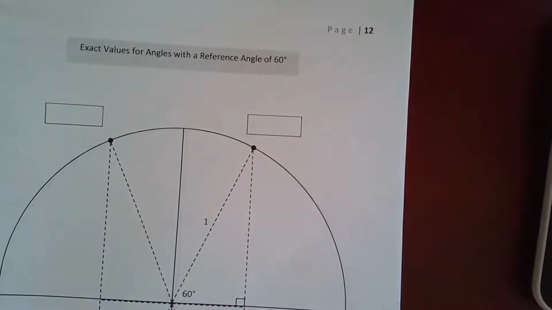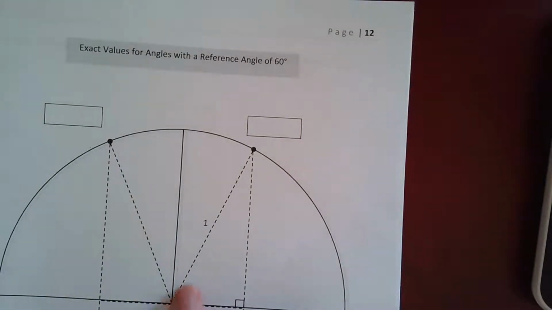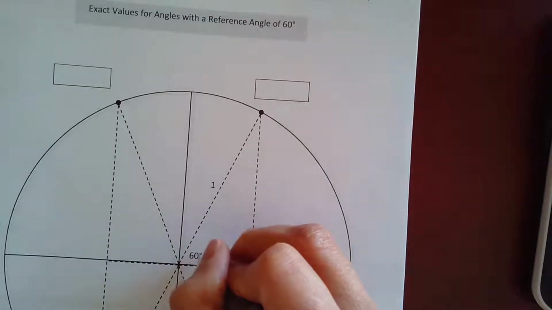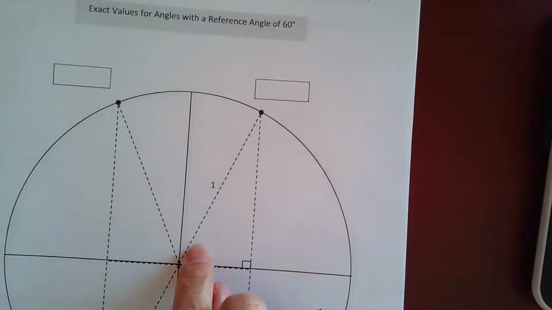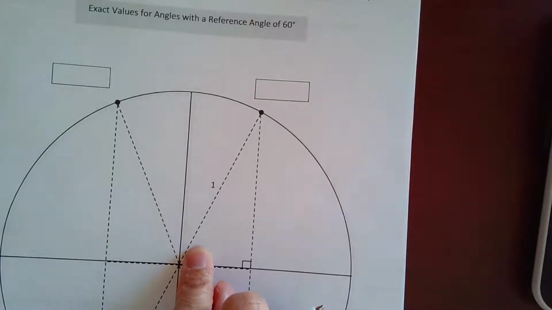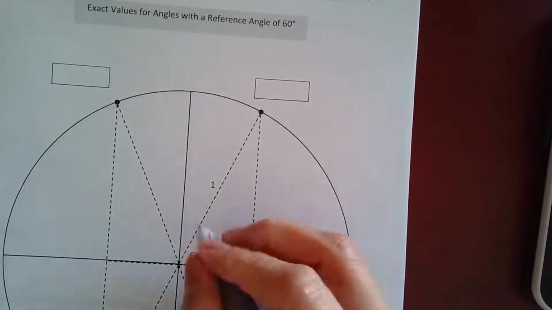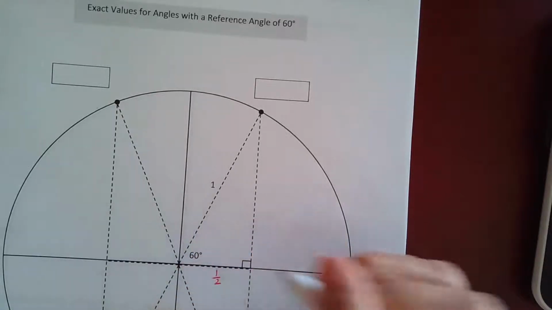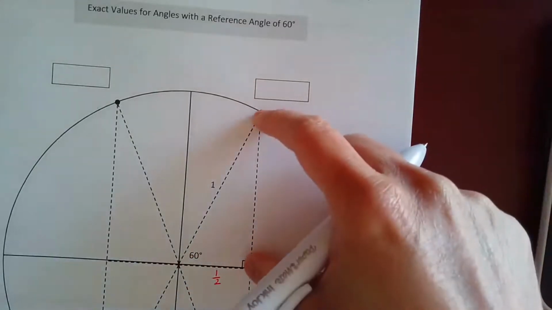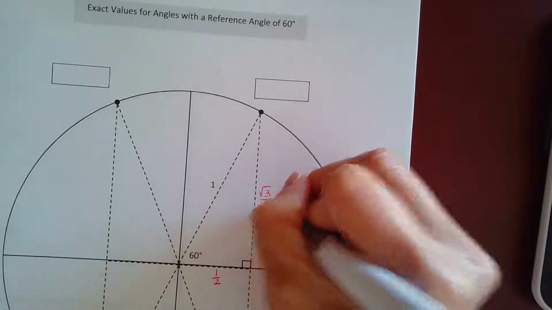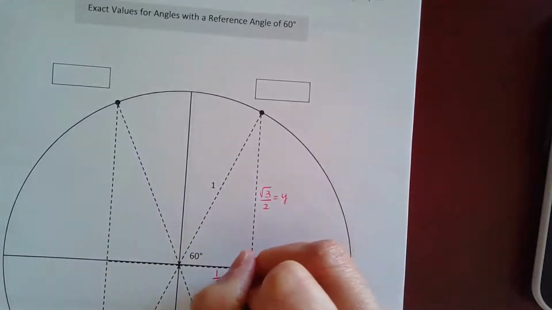What does that mean? This is a 60 degrees. So the reference angle is 60 degrees here. How far is this part in here? This is going to be 1/2. And then how far up is this? It's going to be root 3 over 2. And that's the y.